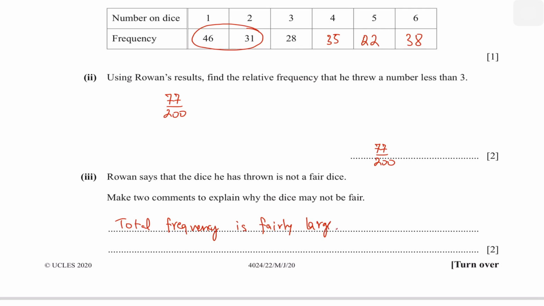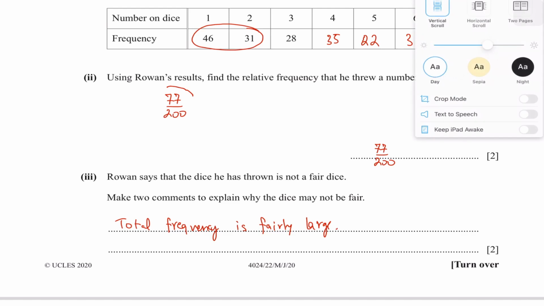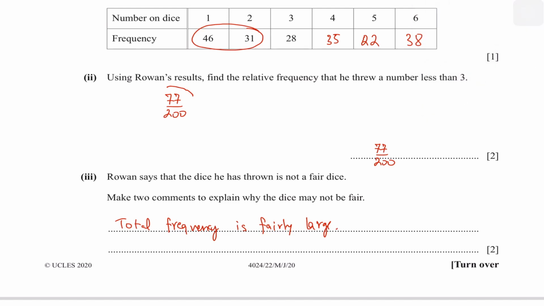Okay, and reason number 2, we can do it with the help of a bit of calculations. We can see that if it were fair, the relative frequency of any value on the dice should have been equal to 1 upon 6. So for example, we can see that the relative frequency of 1 is going to be 46 upon 200, which is definitely not equal to 1 upon 6.